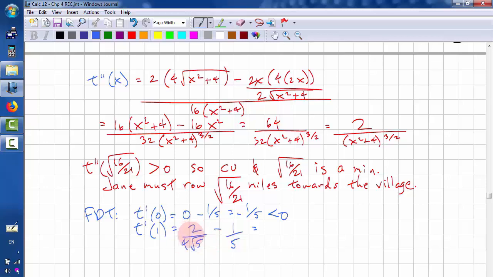So this simplifies to 1 over 2 root 5, so we need to bring the 2 inside. This is 1 over root 20 minus, this needs to be converted to a radical, so this is 1 over root 25. And this is greater than 0. And again, using these two statements, it's a minimum. Okay, when we're going from decreasing to increasing, that's a minimum. And that completes this lesson.